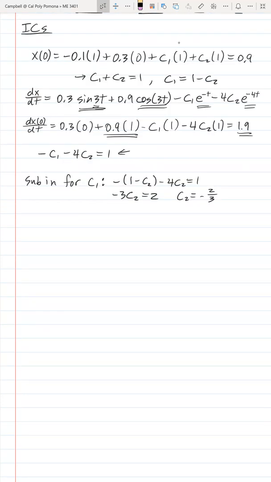So now back substituting in for C2, we get that C1 is equal to 1 minus negative 2/3, which is equal to 5/3. And so we now have both C1 and C2. Let's go ahead and capture it over here so that we can see those right there.